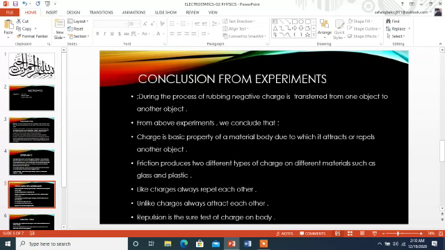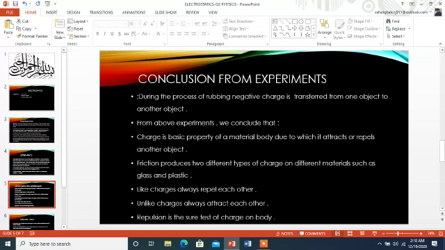Conclusion from experiments. We have considered two experiments, and from these two experiments we have obtained some results. On the basis of these results, we conclude some points about the outcomes of the experiments.